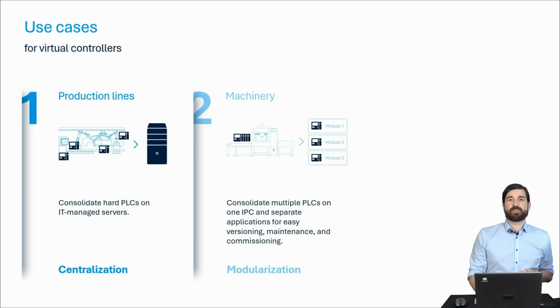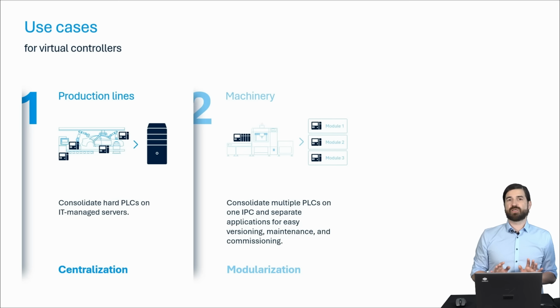The second is modularization. And this one is particularly relevant for machine builders. If you have a machine with multiple functional modules, you can run each module's PLC logic in its own container on a single IPC. Each module can be versioned, updated, commissioned independently. You change one module, you redeploy one container.